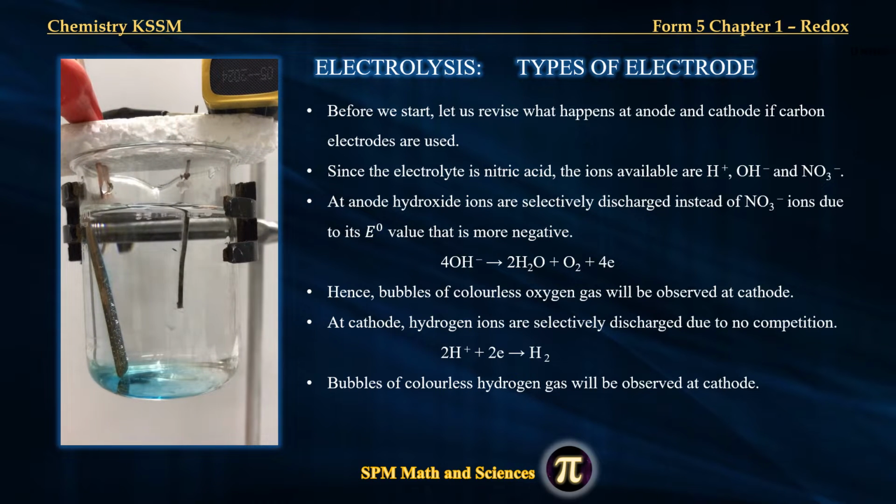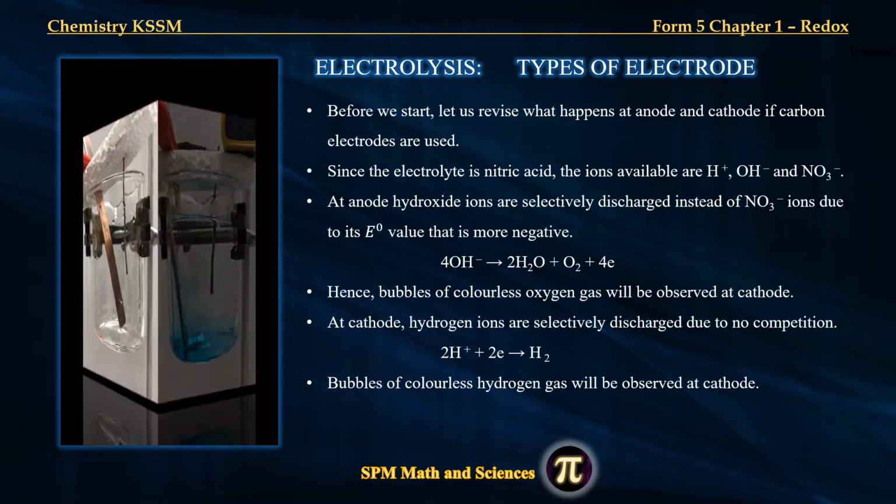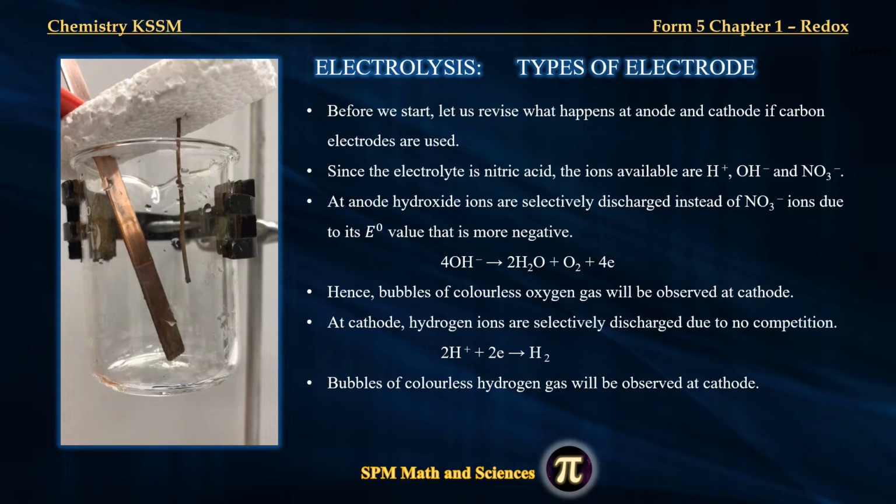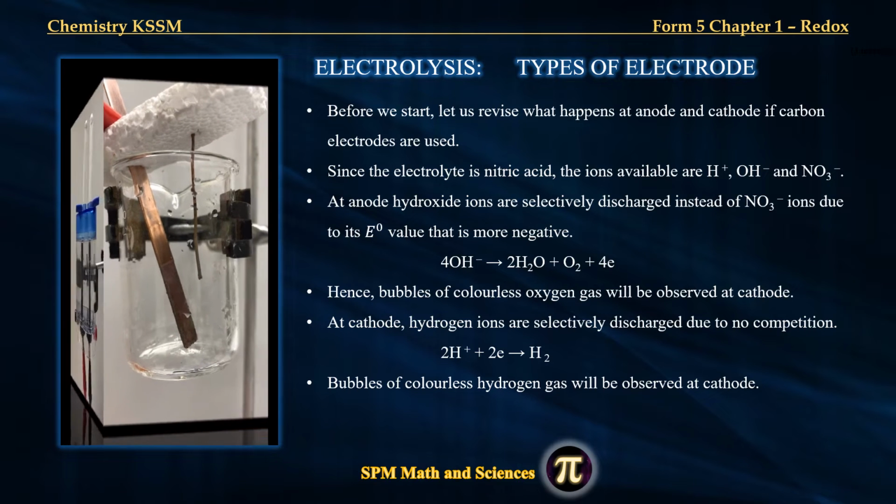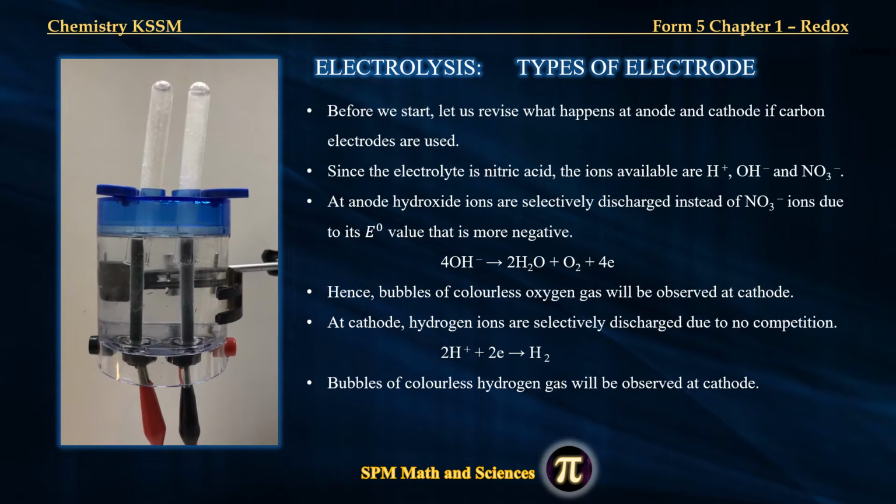What I'd like you all to observe is the anode especially. What happens when we use a reactive electrode as anode? If we use a carbon electrode at the anode and the electrolyte is nitric acid, hydroxide ions are selected for discharge to produce oxygen gas.